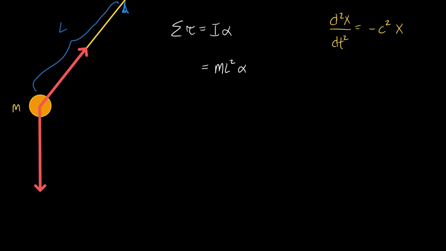Which one? I don't think tension does. Look at the direction of tension. If this is the torque arm, the distance from the pivot point to here, won't the angle of the tension be 0 degrees? So there'll be no torque from the tension.